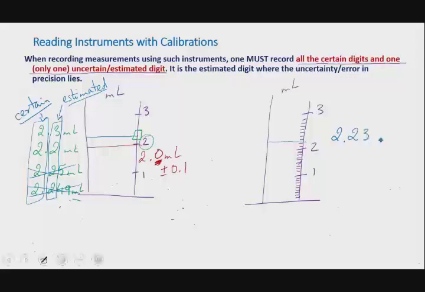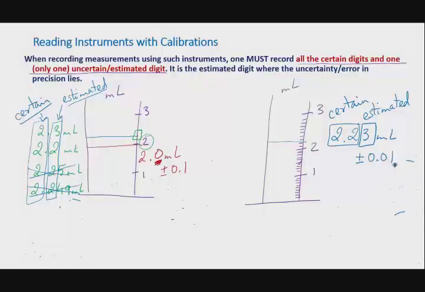So in this particular case, these are the certain digits which are read directly from the instrument, and the last digit is the estimated digit or the uncertain digit. This is where the error lies. So if we are using the second graduated cylinder, the error in the measurement will be 0.01 ml, in other words, in the second decimal place.